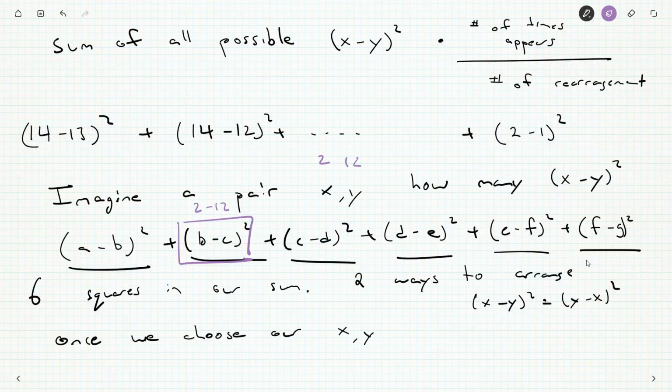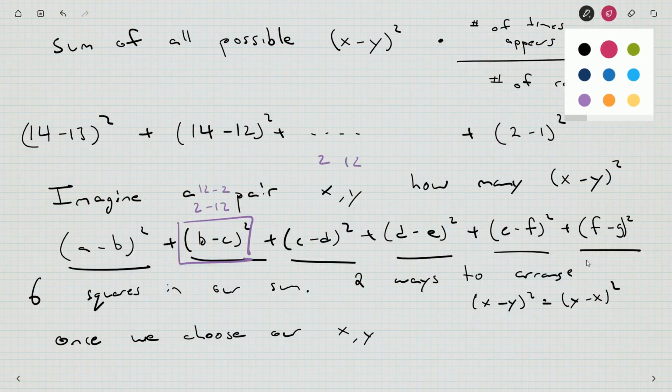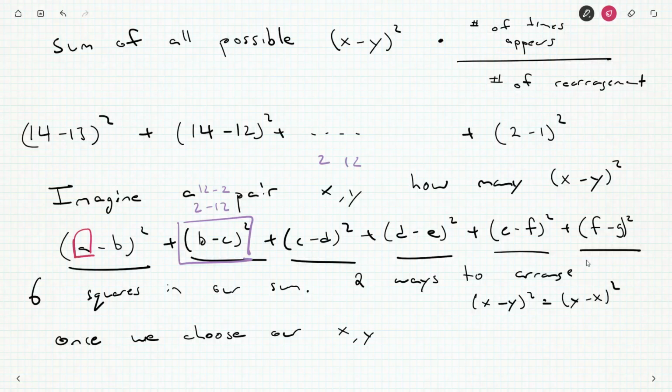So it could be 2 minus 12, or it could be 12 minus 2. But then, what other factors are left for us to choose? Well, we get to choose this A, and this D, and this E, and this F, and this G, because all we're counting is the number of ways we get 2 minus 12, or 10 squared here. So 5 other letters to assign. And that can be done in 5 factorial ways.